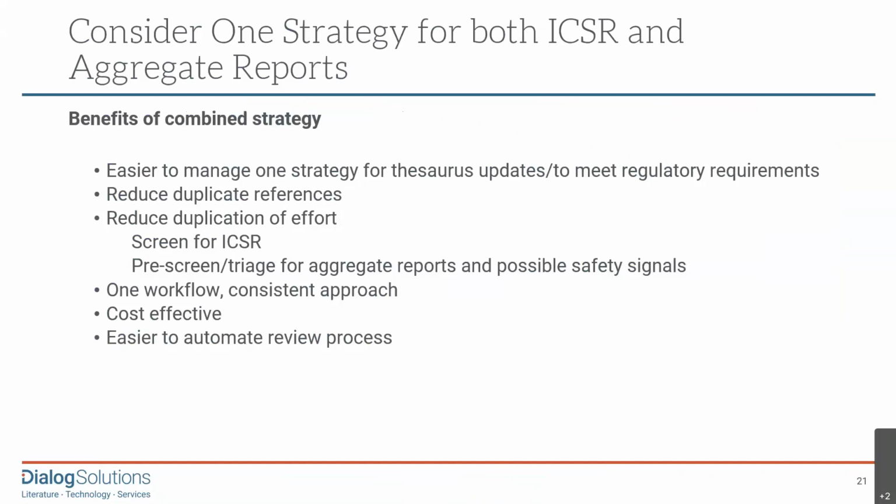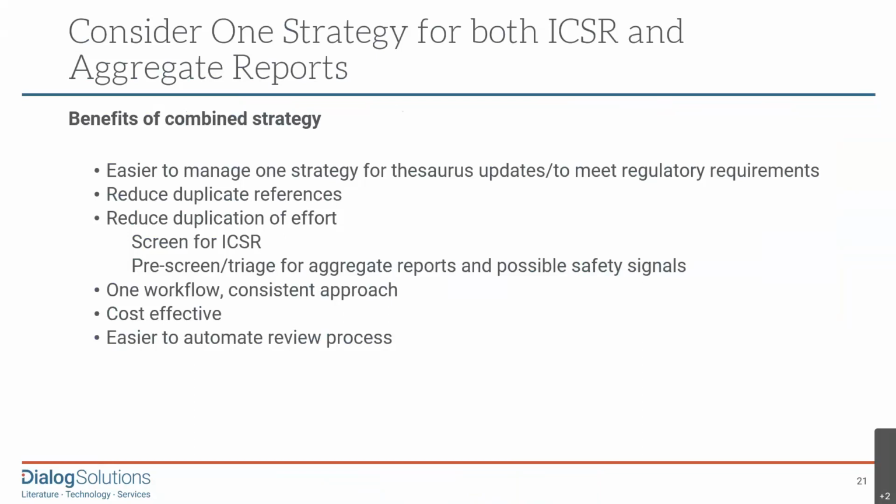So just something to think about. The benefits of a combined strategy are, you could argue that those special populations, lack of efficacy, death, off-label use are useful in retrieving articles that could lead to ICSR criteria. So you could actually combine a search that covers both by using the right terms.